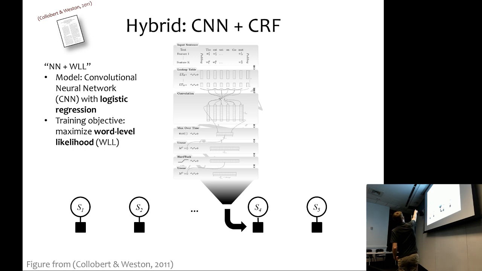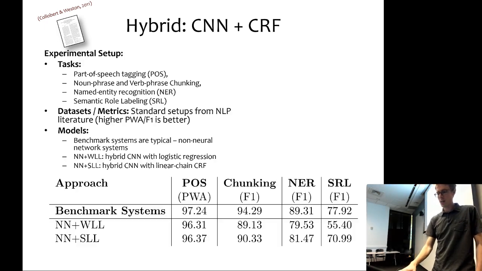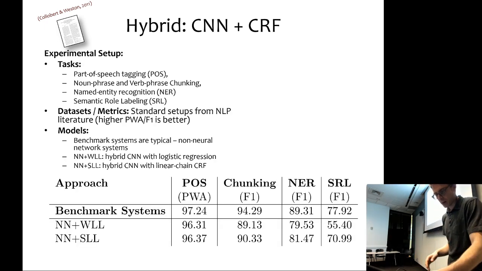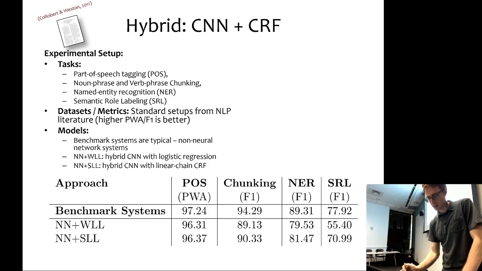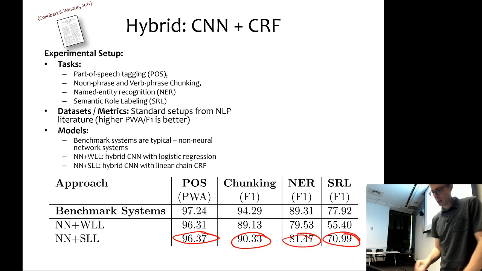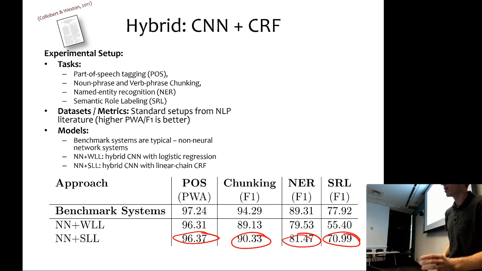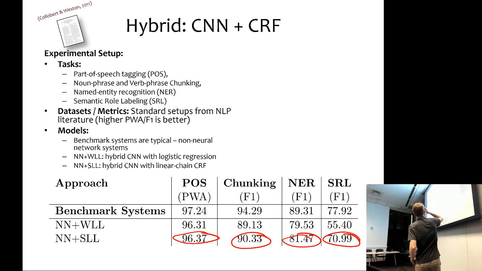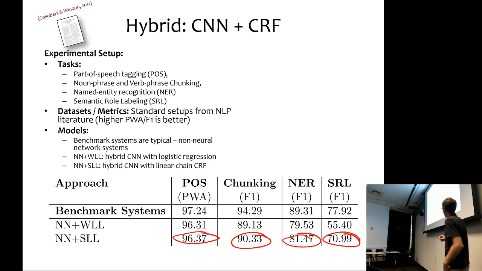So the neural net with word level likelihood was where there were no transition factors. They only had unary factors. So this is sort of an uninteresting model. And what they found was that for all of these different tasks, there was some improvement when you incorporate the actual transition factors into the model. And that's the SLL over the WLL.